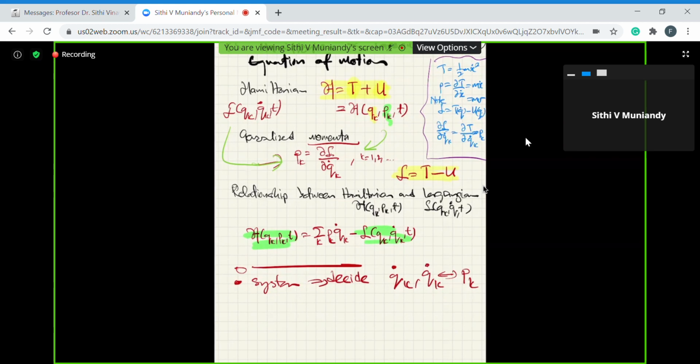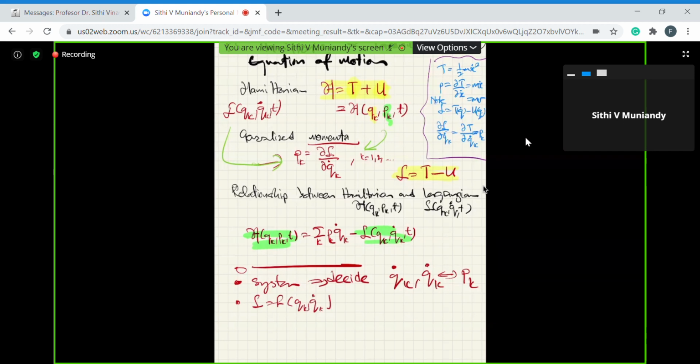So you still need to decide what the Q is. Once you get this, the second step is to determine the generalized momenta based on the Lagrangian. Before that, you need to find your Lagrangian, as a function of q_k and q dot k.